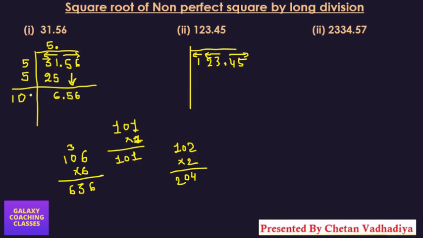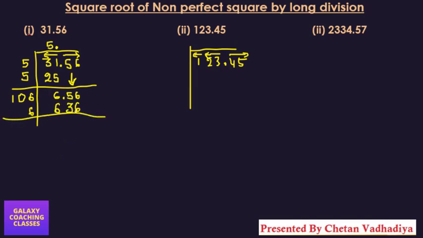So 106 into 6 gives 636. Now subtract this, 20 comes down. And here you need to add: 6 plus 6 is 12, carry 1, so 1 and 1. We forgot to keep 6 here, because we had taken 106 into 6, so we have to keep 6 here.